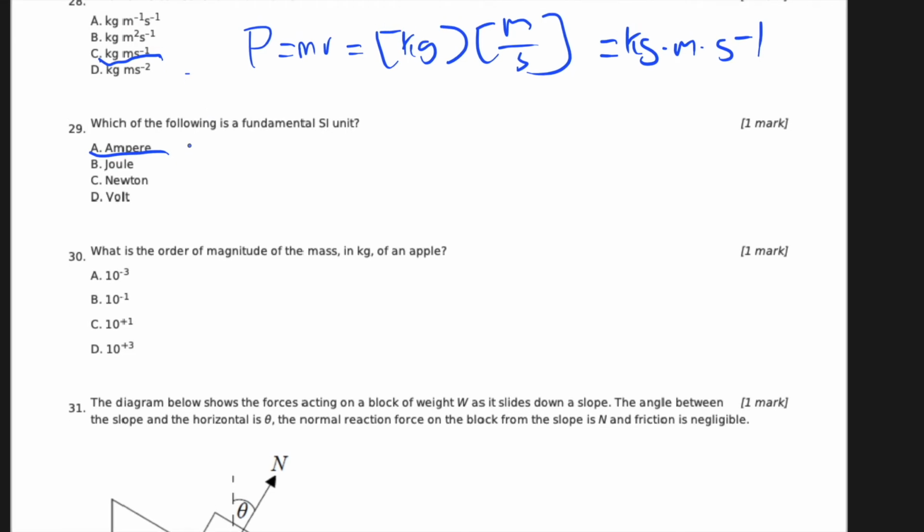What is the order of magnitude of the mass in kilograms of an apple? So it will be A, right?